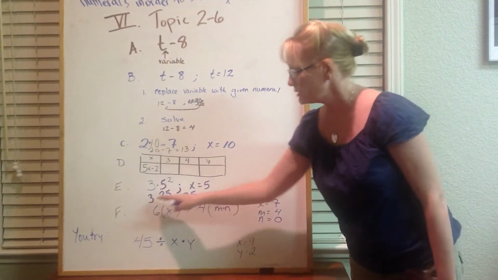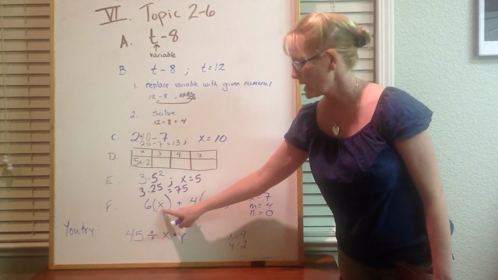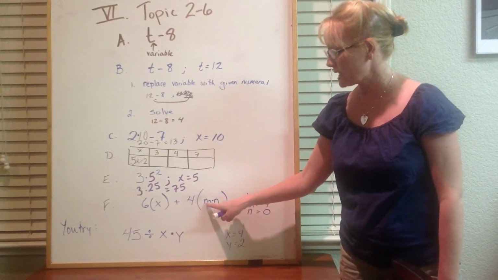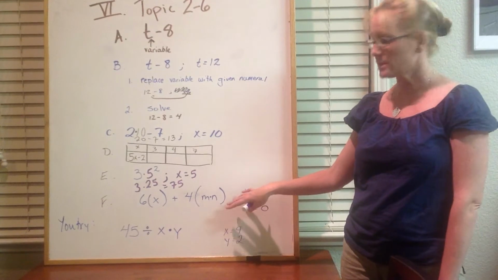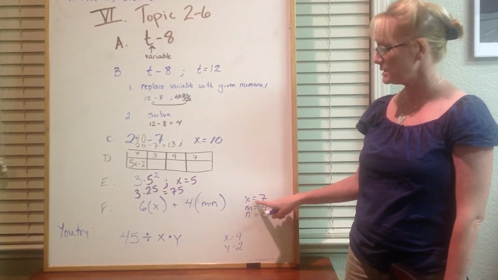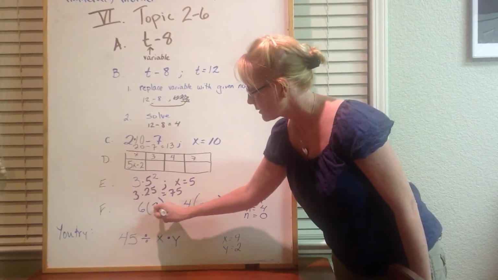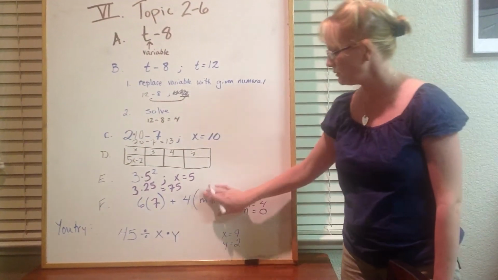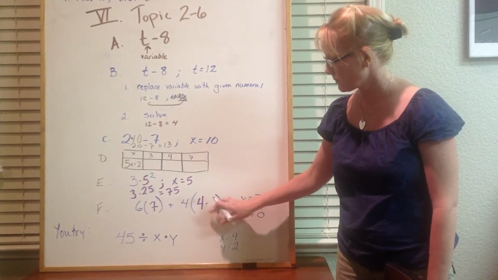The last one we're going to do together before we go back to D is this one right here. 6 parentheses x plus 4 parentheses m times n. Oh my goodness, look at all those variables. But it's not a problem because they've given us the numerals for each of them. It says that x is equal to 7, so I'm going to replace my variable with my numeral. It says my m is equal to 4, and my n is equal to 0.